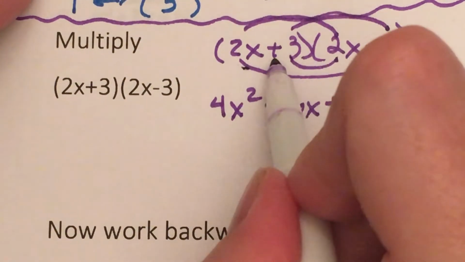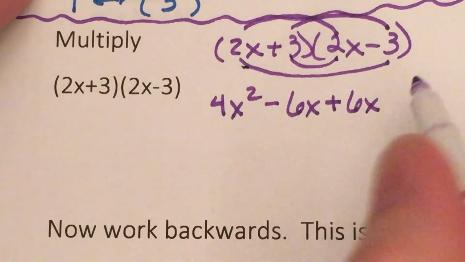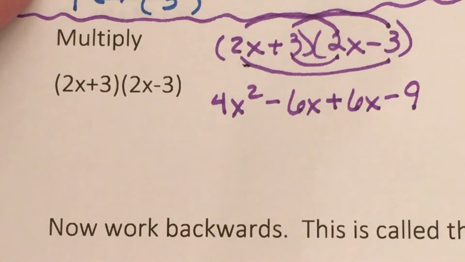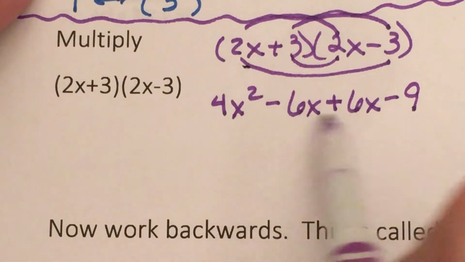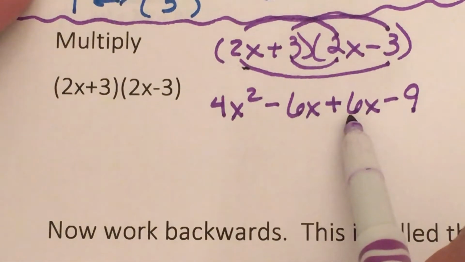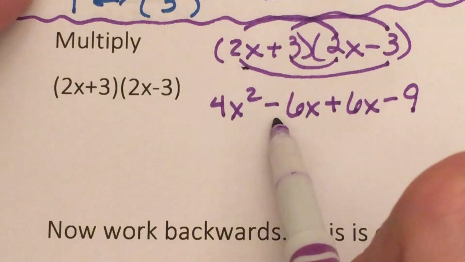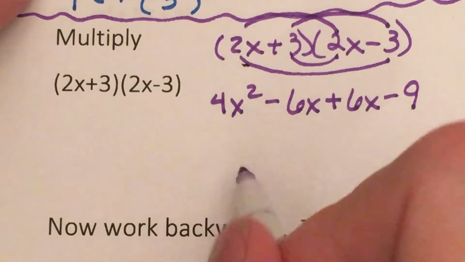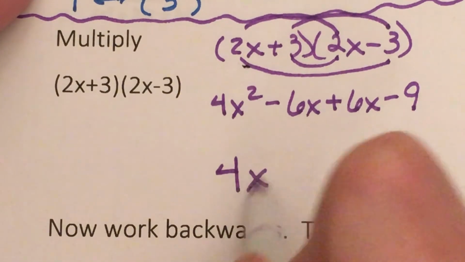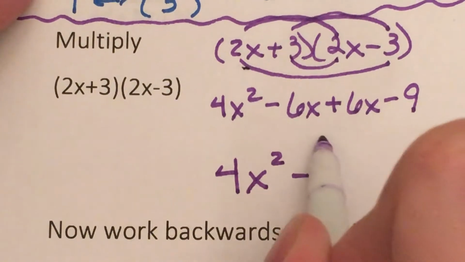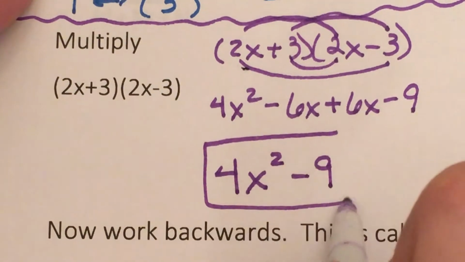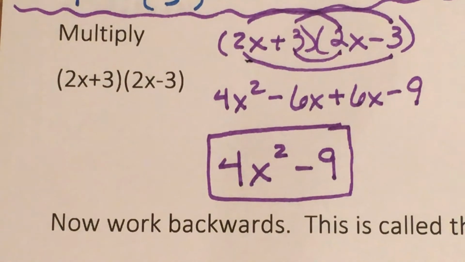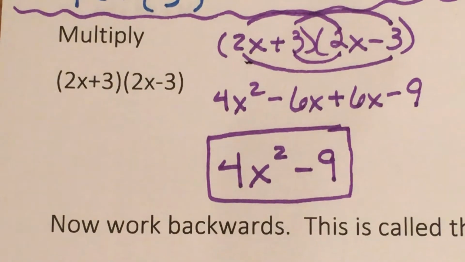And then last, a positive times a negative is a negative. 3 times 3 is 9. So what happens when we combine like terms? This is a negative 6 and this is a positive 6. They cancel out. That's right. So I get 4x squared minus 9. There it is. That is the long, drawn-out, foiled version.